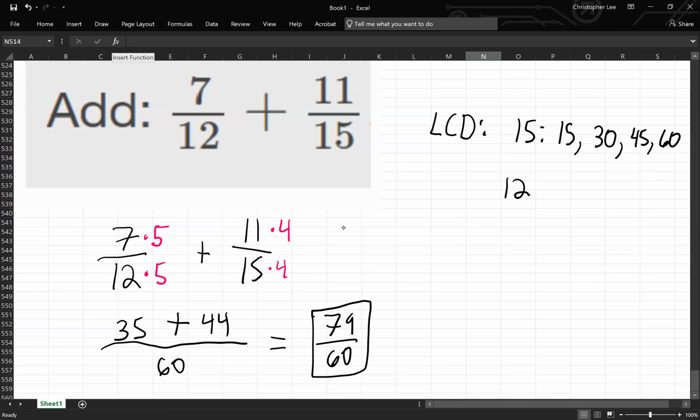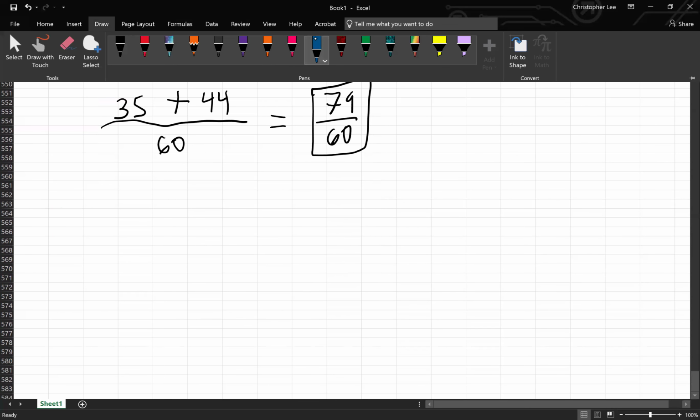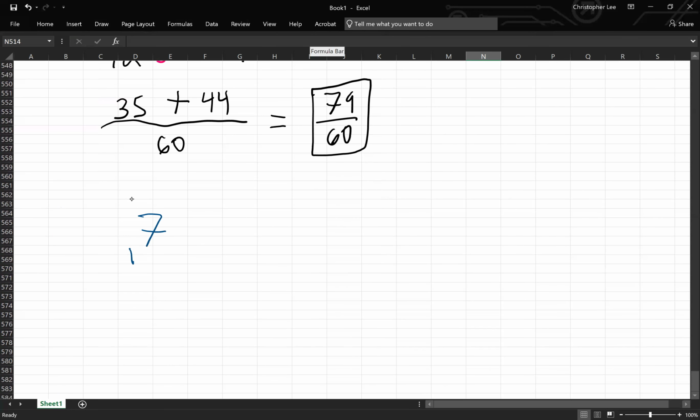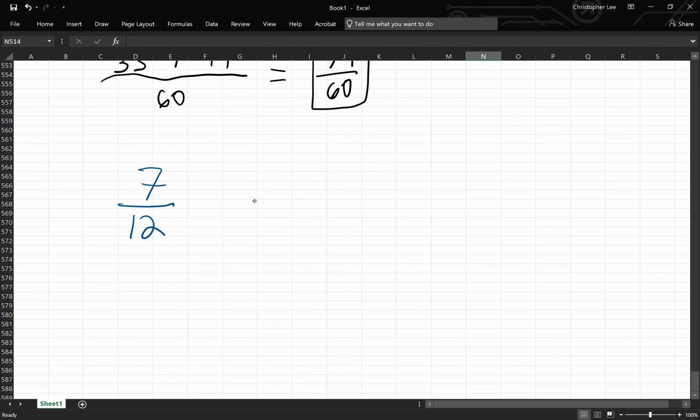Now, there's another idea that you guys can use as well, right? Let's say, for example, I'll use the same question again. 7 over 12 plus 11 over 15, right?